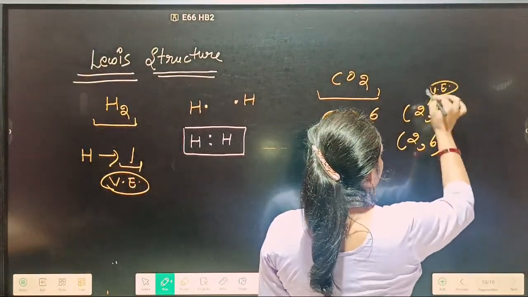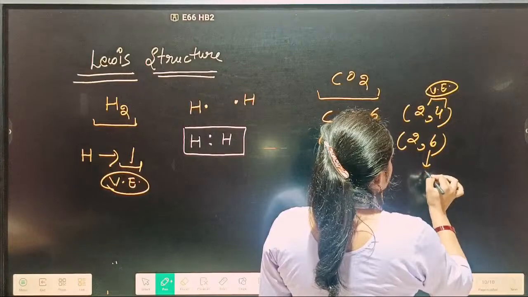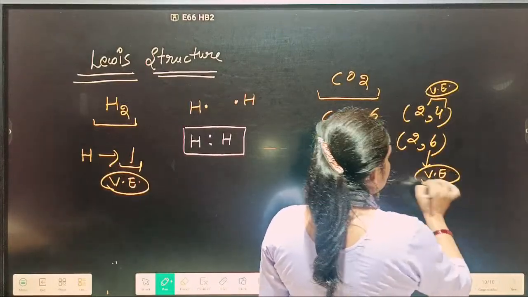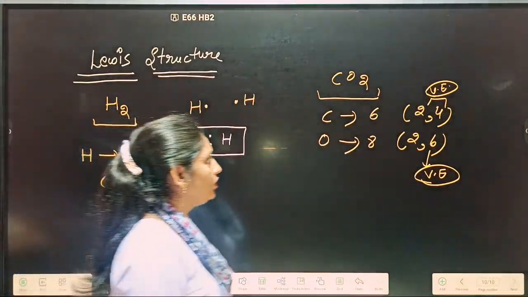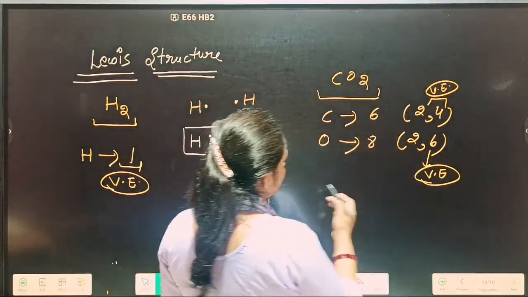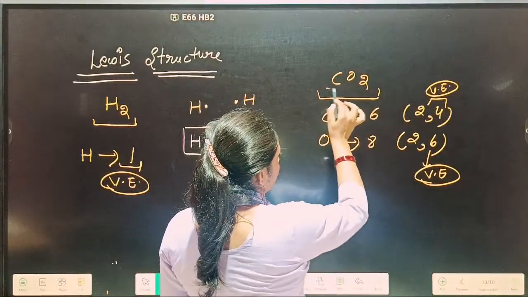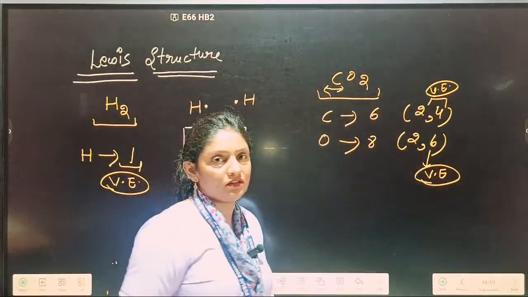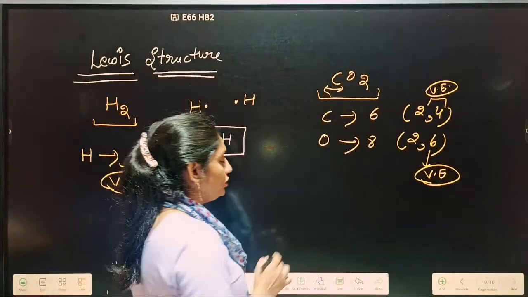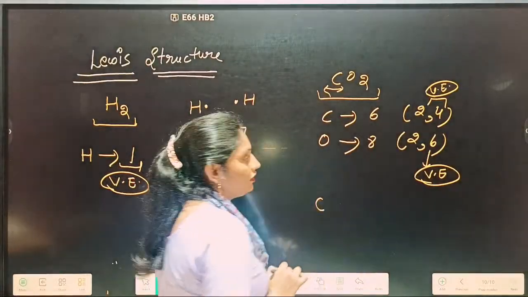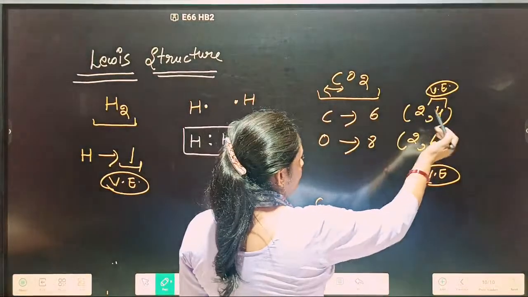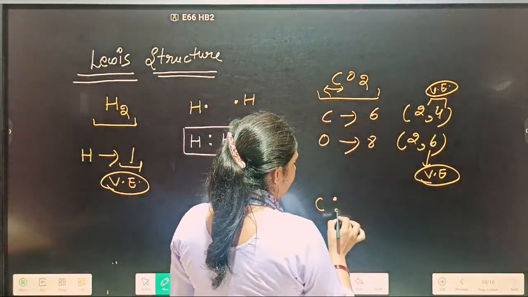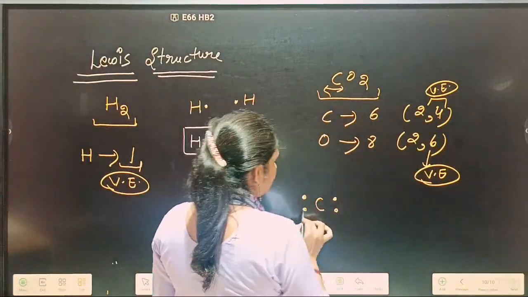Keep in mind that you will write the valence electrons only. Valence electrons means electrons present in the outermost shell. Then you will identify the central atom. Here the central atom is carbon. You will write its valence electrons. It has 4 valence electrons.